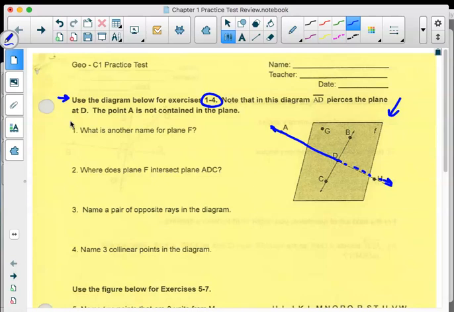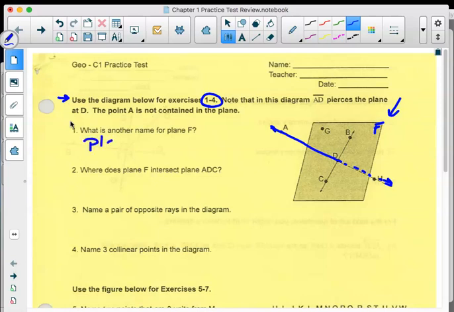What is another name for plane F? And please keep in mind this is supposed to be a capital F there. And plane F is here. Another name is a 3-letter name, and those 3 letters cannot be collinear. Collinear would be all on the same line. So in this case, we name a plane with 3 non-collinear points.